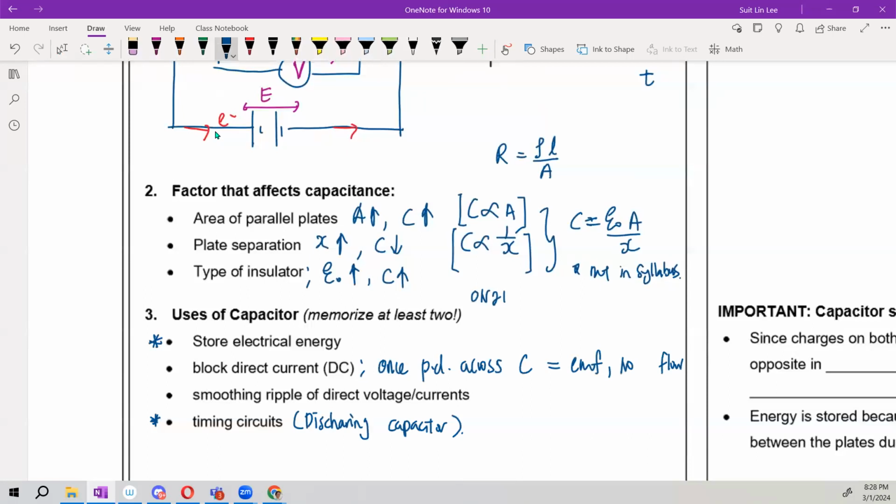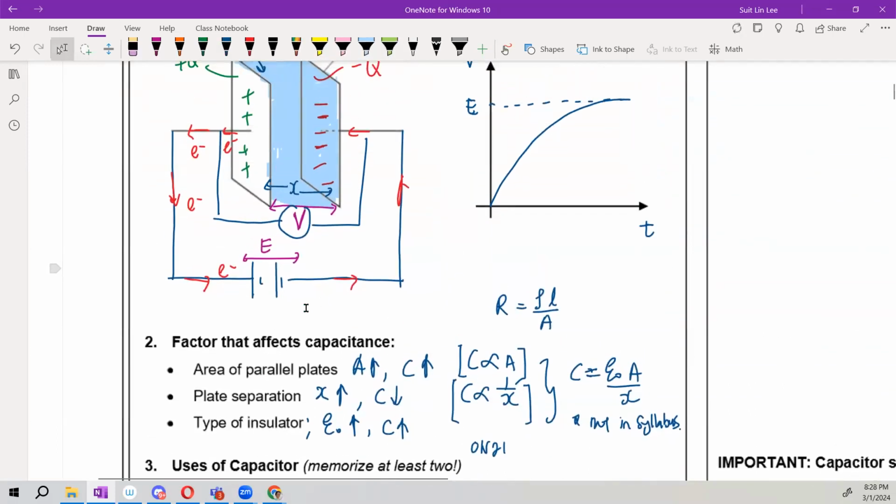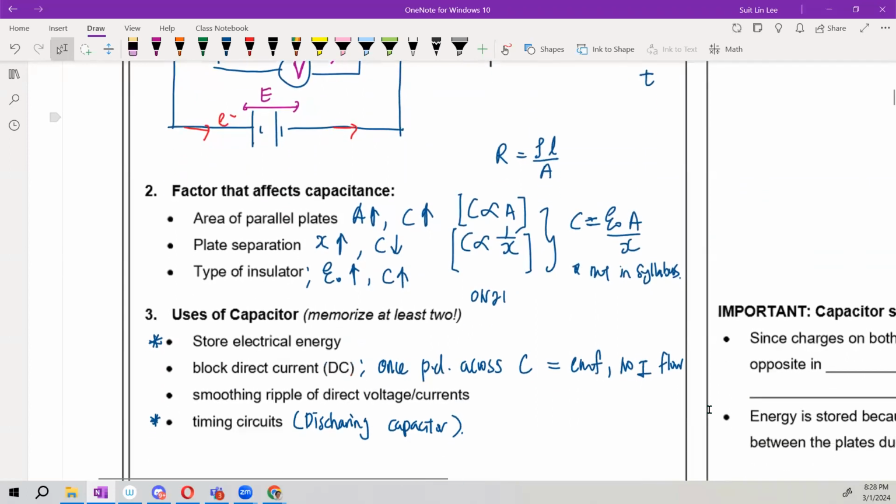Capacitor full. The power supply can no longer give energy for the next electron to be put here. Every time I squeeze another electron in, I need energy. Sooner or later, the amount of energy needed will be the same as the energy that I have. That will be the equilibrium position. So no current flows.